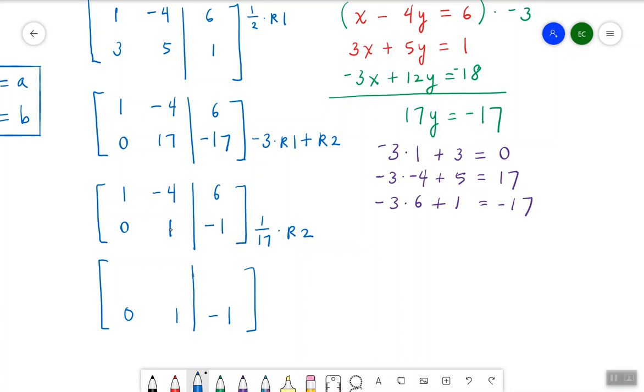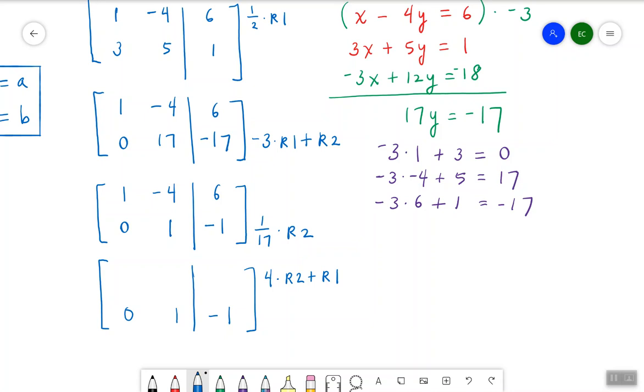What we want to do is take the row with the brand new 1 in it. We want to multiply that by the opposite of this number here, and then just add the 2 rows together. So we're going to multiply row 2 by +4 and then add it to row 1. So we're going to do 4 times row 2 plus row 1.